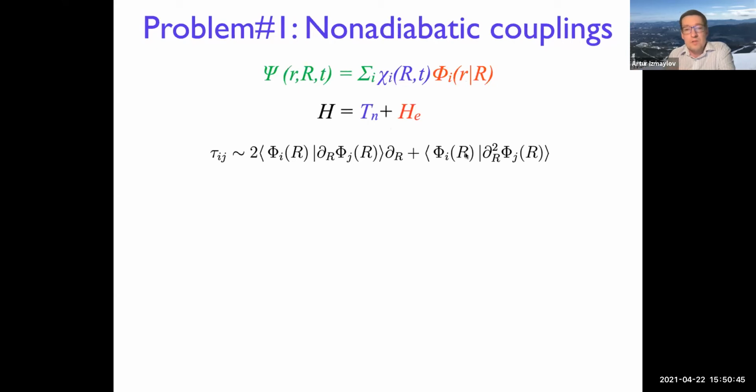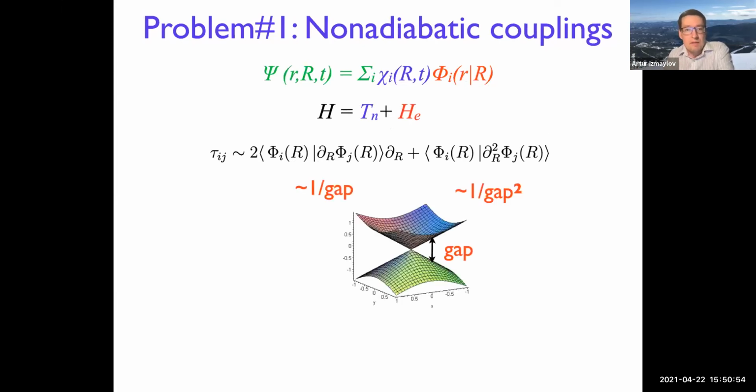Now, that gives rise to certain terms. Although it is natural to see these derivatives with respect to nuclear coordinates, the caveat is that it can be shown easily that they scale as 1 over gap and 1 over gap squared, where the gap is the energy difference between the electronic states.